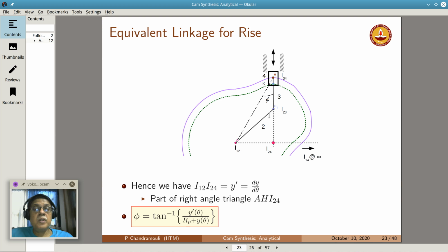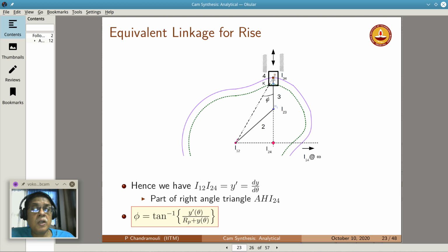If you simply look at A, H, I24 as a right triangle with an angle phi, tan phi is going to be the opposite side, which is I12 I24, which is y prime of theta, by the adjacent side. What is the adjacent side? The adjacent side is going to be rp plus y of theta. Okay, so the opposite side by adjacent side, which is this side, which is rp plus y of theta.